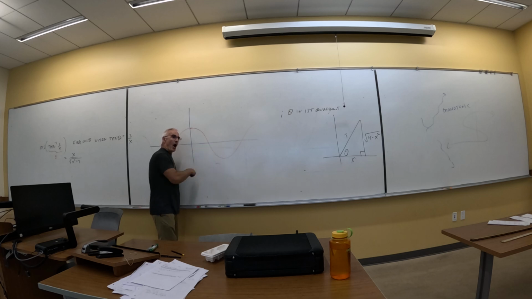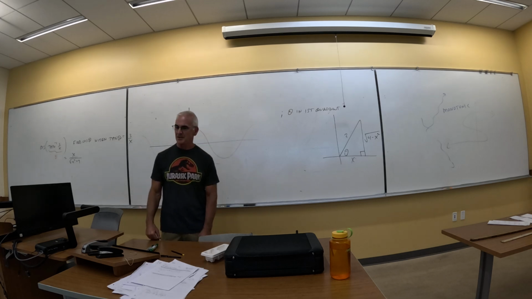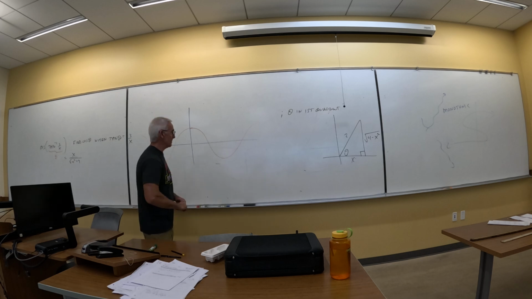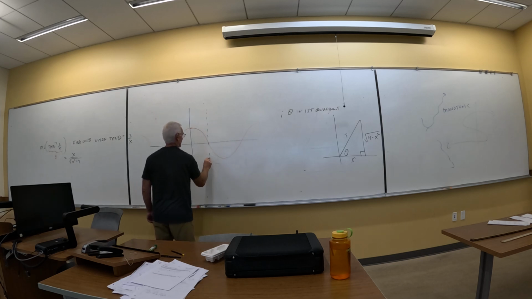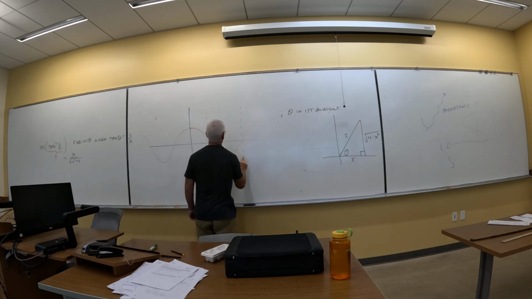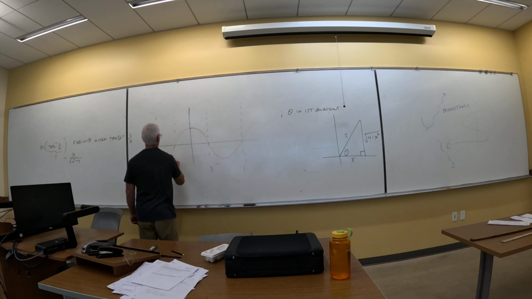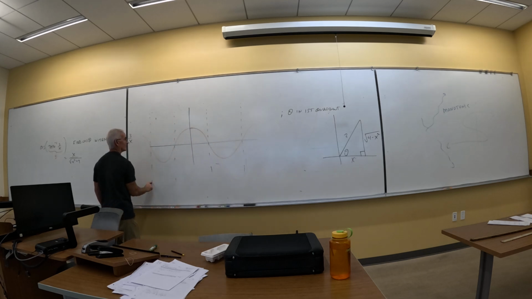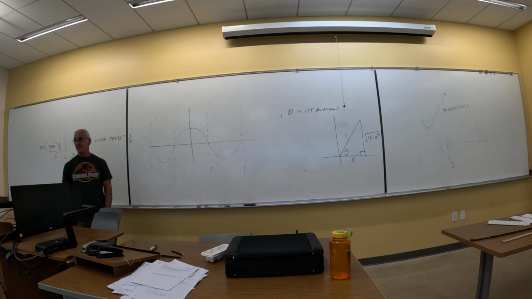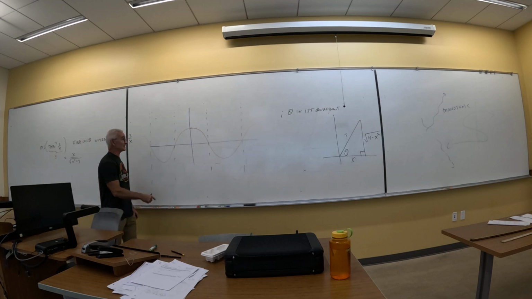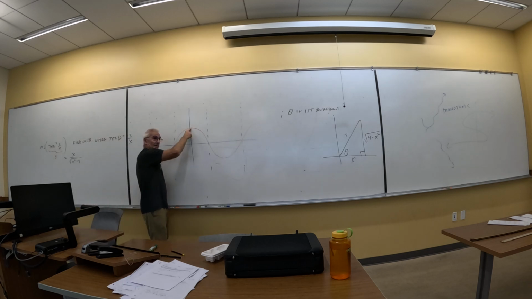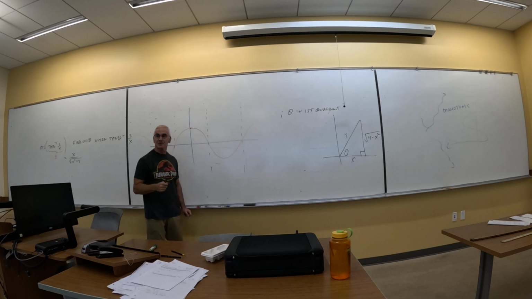Cosine is zero there, so the reciprocal is undefined. Cosine is exactly 1 here. Do you agree? So its reciprocal is also a 1. But the cosine is getting smaller and smaller, which means its reciprocal is getting bigger and bigger and bigger.